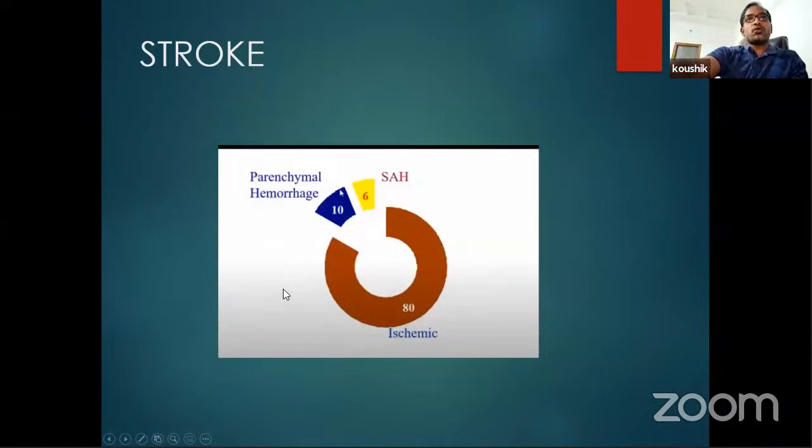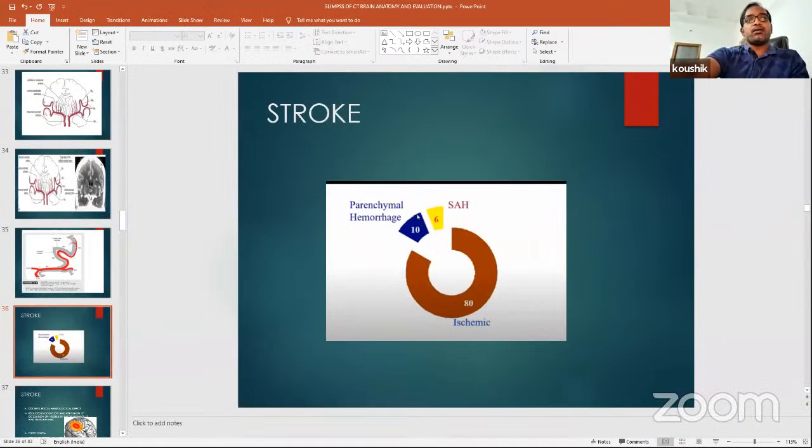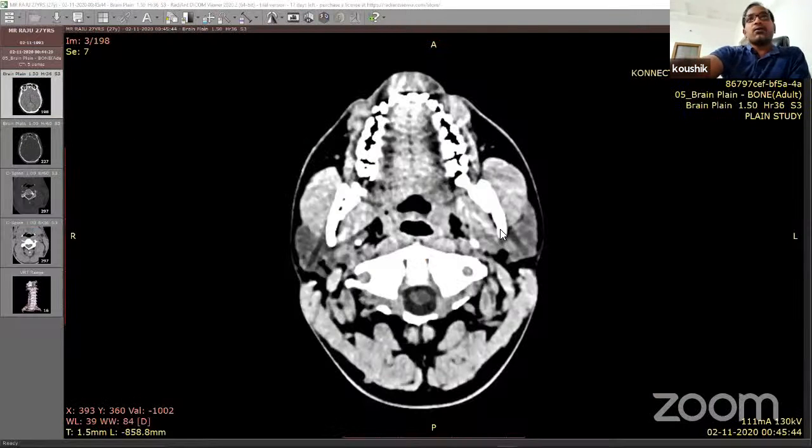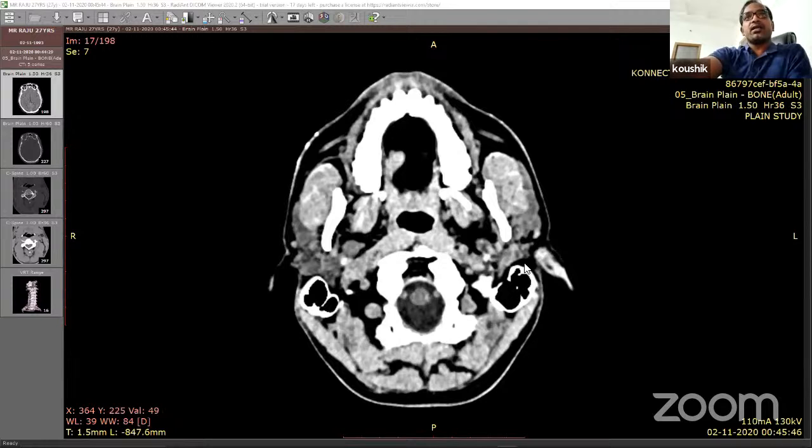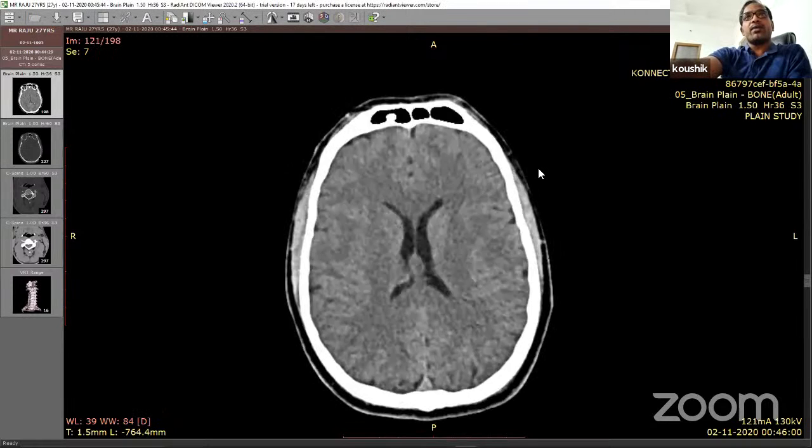Then I want to show you the images of a normal brain. Here we can see one case showing a normal brain.